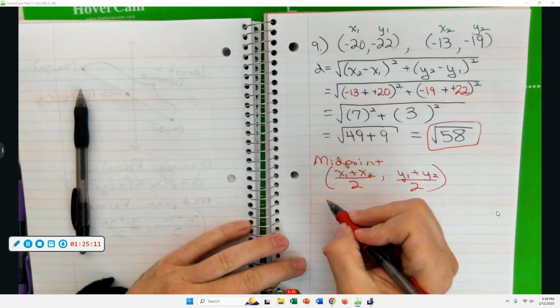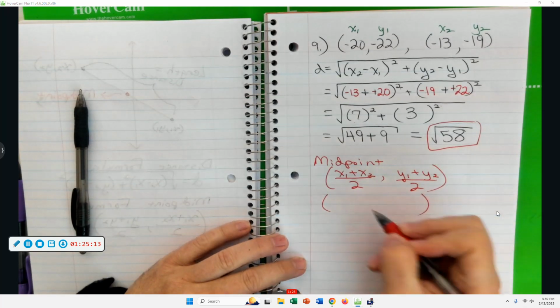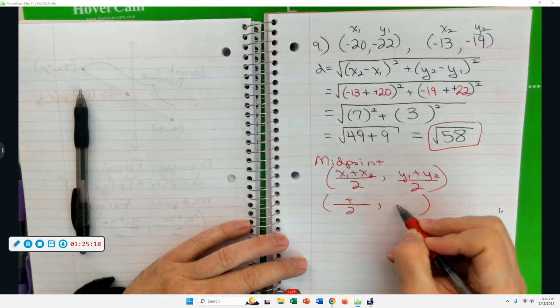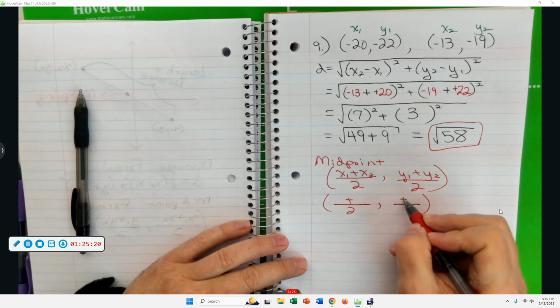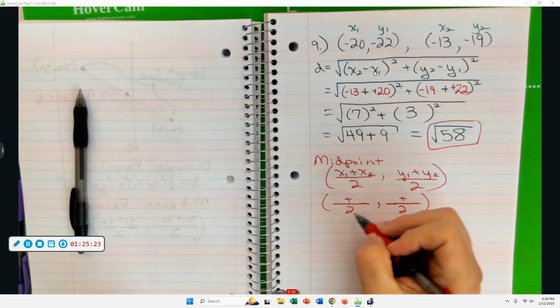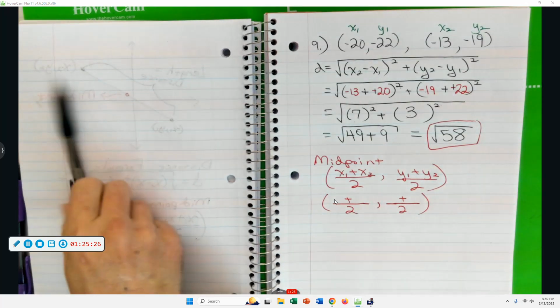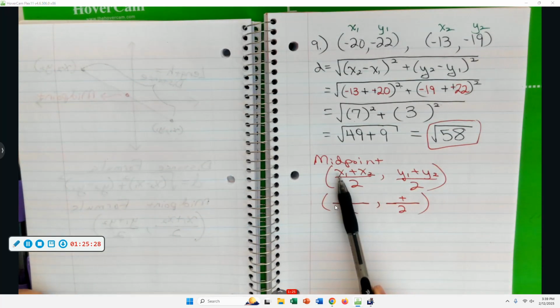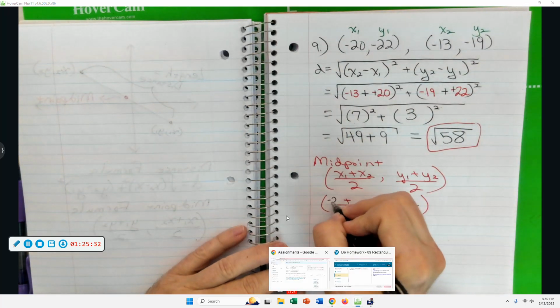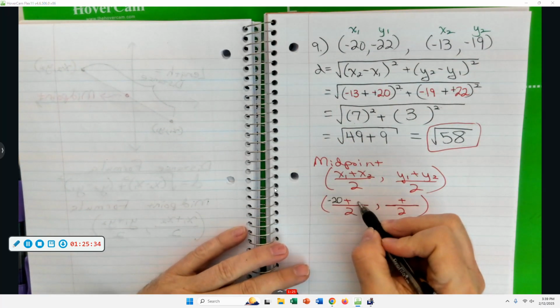So here you're adding, not subtracting. Okay. x1 is negative 20 plus, what am I going to put here?